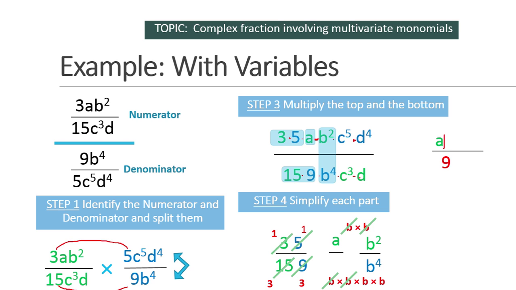Are they on top or bottom? Yeah, they're on bottom because there's more b's on the bottom. So that's where we're going to keep our b in this case. So we subtract our exponents, 2 minus 4, which is negative 2, which is basically 1 over b squared.